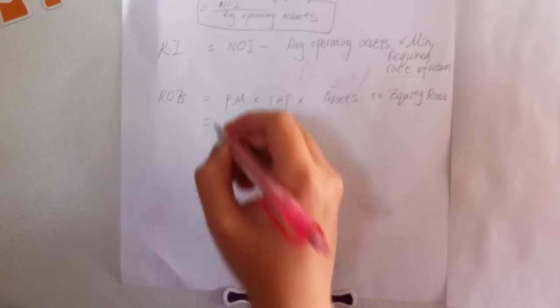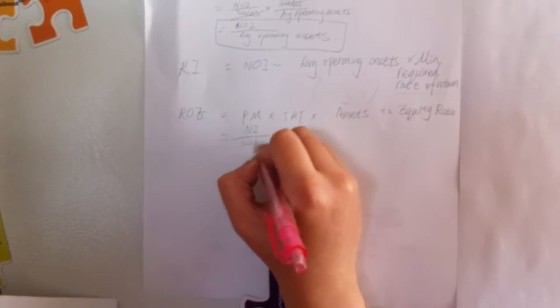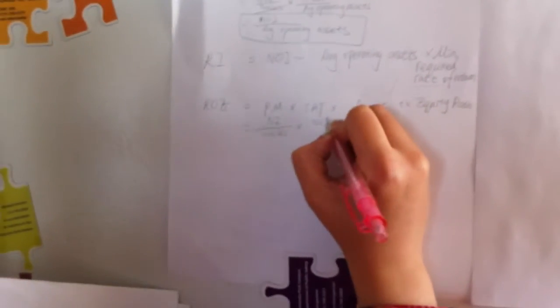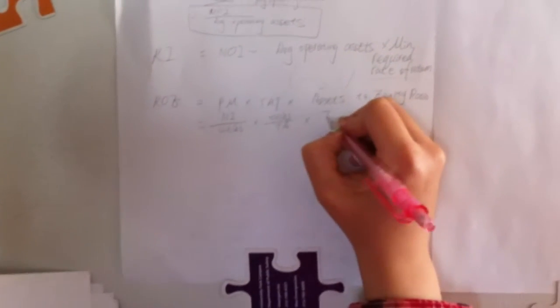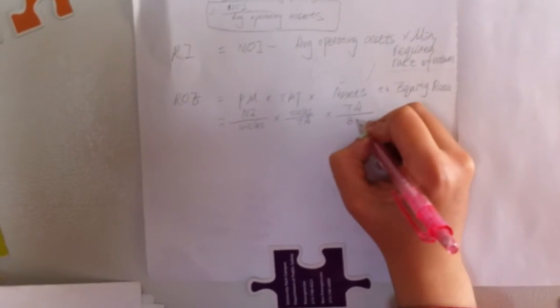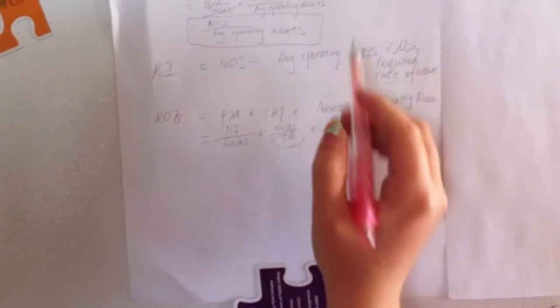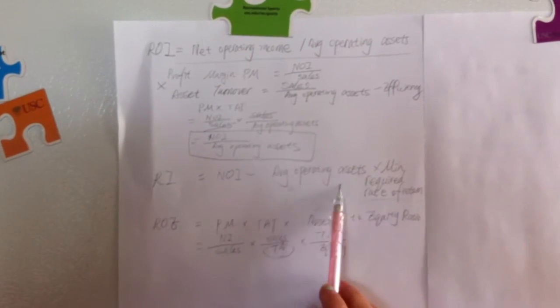So now it gives you the formula. Net income divided by sales times sales divided by total assets times total assets divided by equity. Notice that here it's the total assets, but in ROI and RI it's the average operating assets.